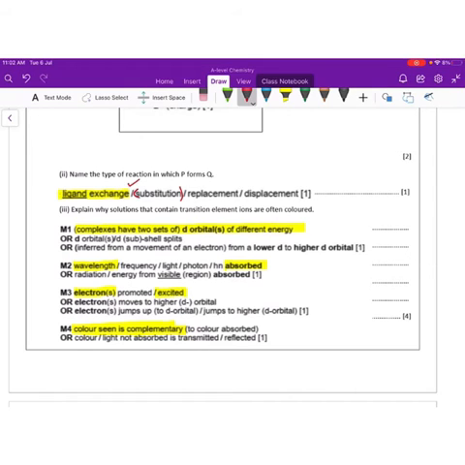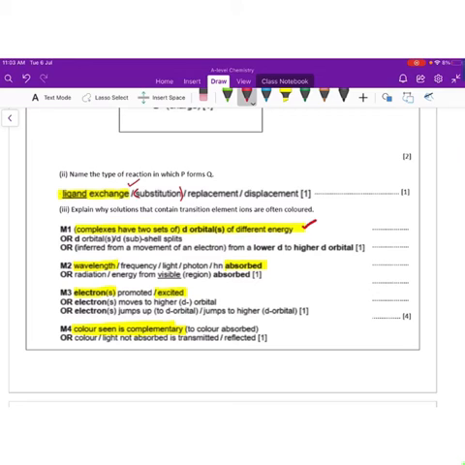You must explain why solutions that contain transition element ions are often colored. So you need to talk about your d orbitals splitting, the non-degenerate d orbitals forming two degenerate energy levels. When light shines, the ion absorbs a specific frequency of light corresponding to the energy gap between the two d orbitals.